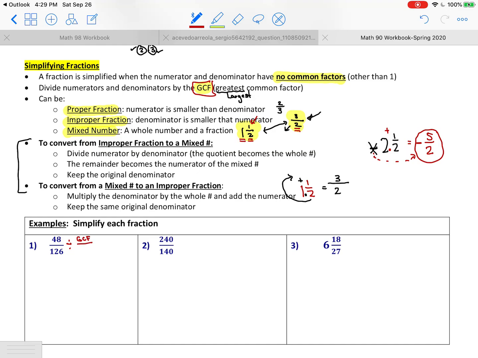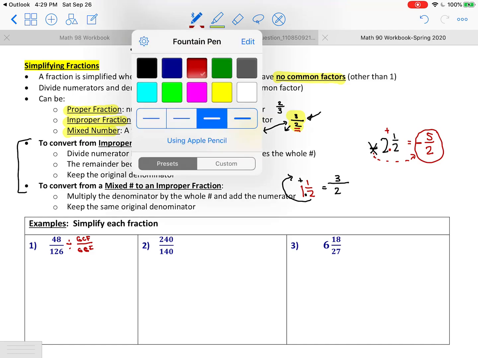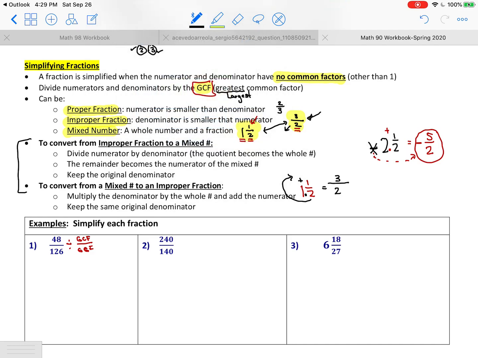We would really want to divide by the greatest common factor over itself is really kind of what we're doing. A lot of times we don't know what that is. I mean, we can use our multiplication chart and we can try to find the greatest common factor, but the reality of this is that you can really start anywhere and just keep going.